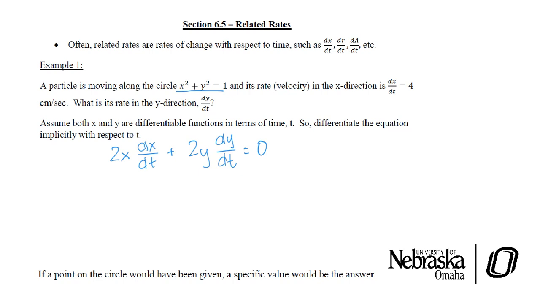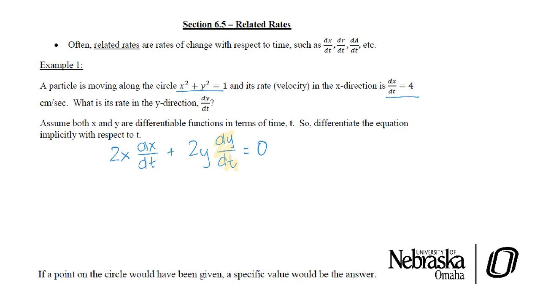we are given the velocity in the x direction, dx/dt equals 4. We want to know what is the rate in the y direction. So really what we're looking for is dy/dt, so we want to solve for this.